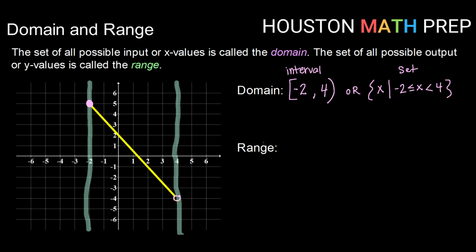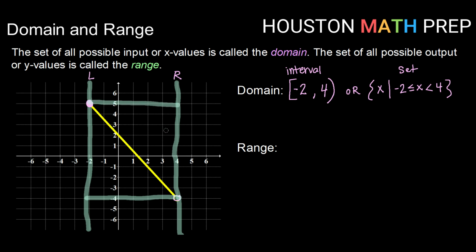Okay, doing the same thing for range, instead of moving from left to right, we're going to move from bottom to top. So moving from bottom to top, I'm going to look at what's the lowest y value that I can reach. In this case, -4, even though it is not included, to the most top y value that I can reach.